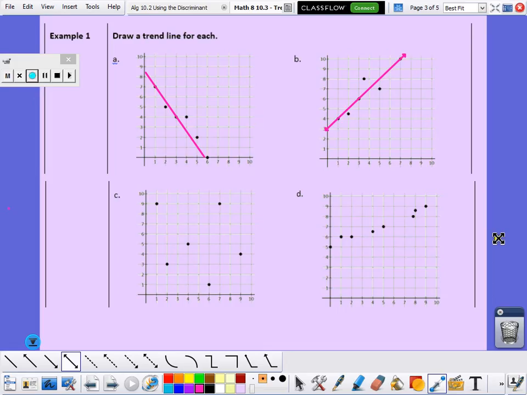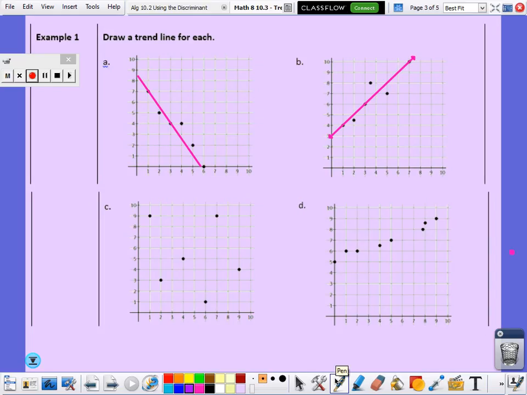All right. Hopefully you and your shoulder buddy agreed on a line. I bet C was pretty tough for you. Is there any way that you can draw a trend line if there's no correlation at all with your data points? I know you guys were all grossed out when I talked about does this look like it has a relationship, a pattern, or does it look like somebody sneezed on your paper?